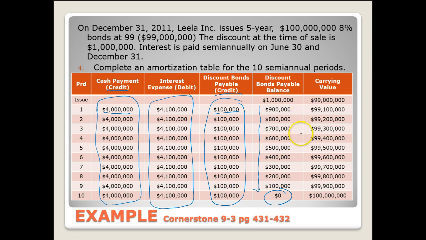While I am doing that, the amount of my carrying value, the total liability on my books, keeps increasing until finally I hit maturity on December 31st, 2016, and I am paying back my bondholders the full $100 million face value.